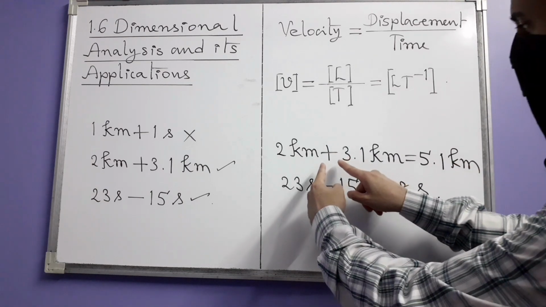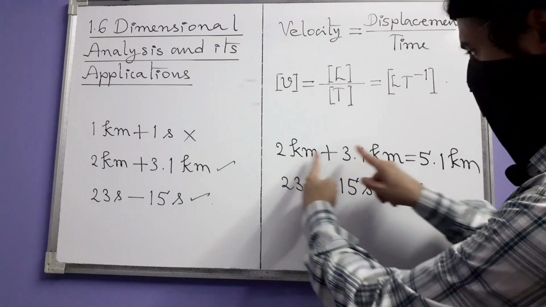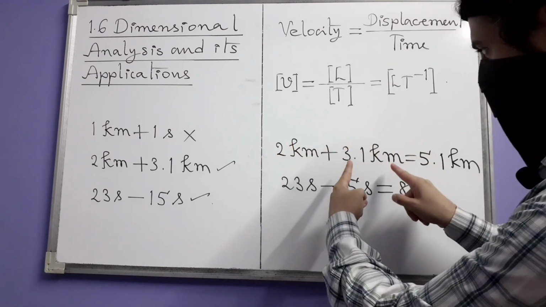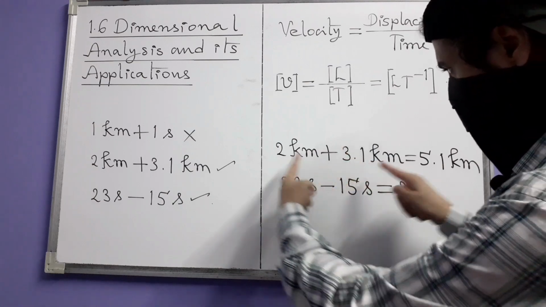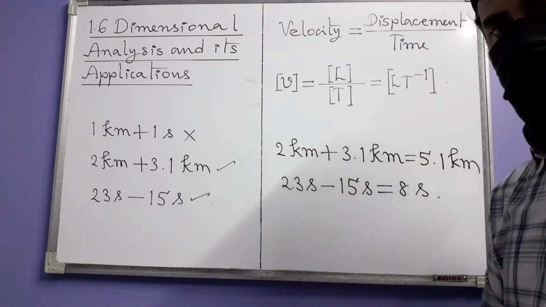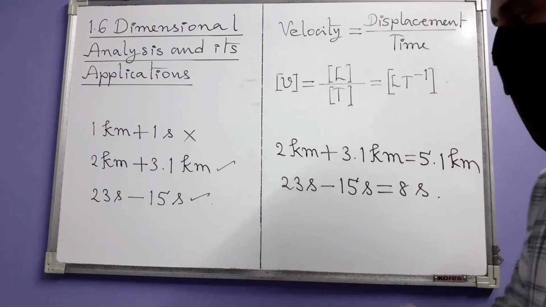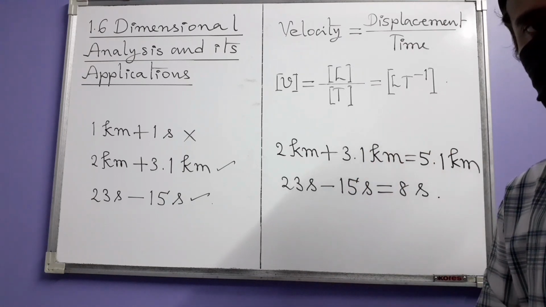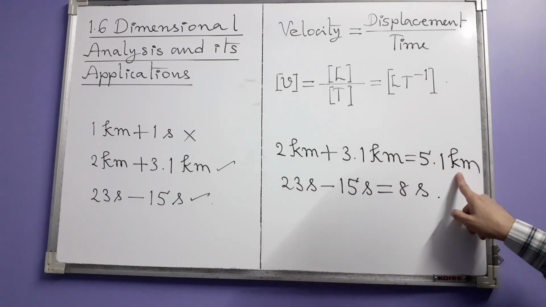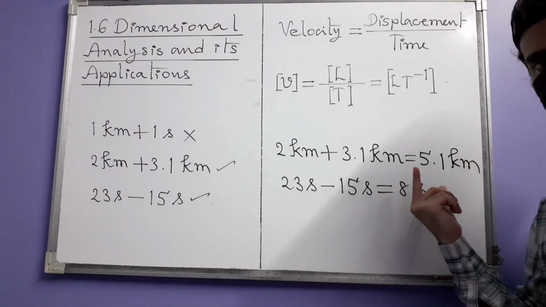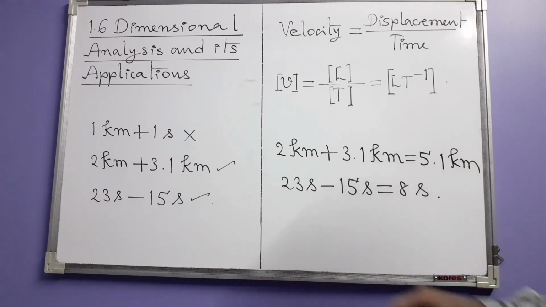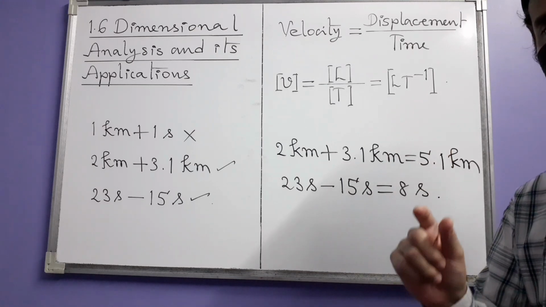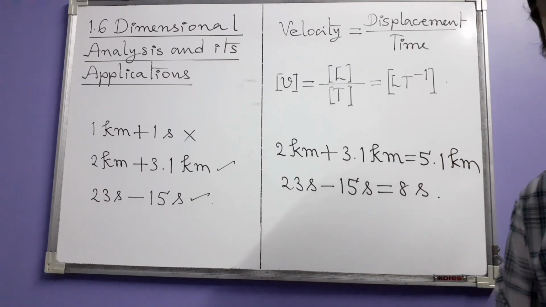Although two different quantities are involved, because they have the same dimension, the dimension of this combined quantity is also the same. Distance remains distance. And on the right hand side also, of course, the dimension is that of length. Here also the dimensions on both sides are that of time.